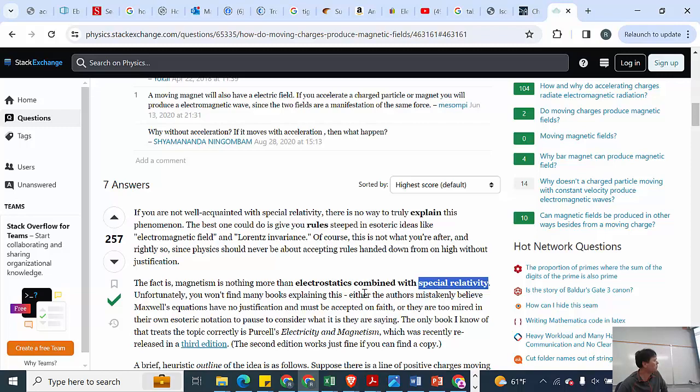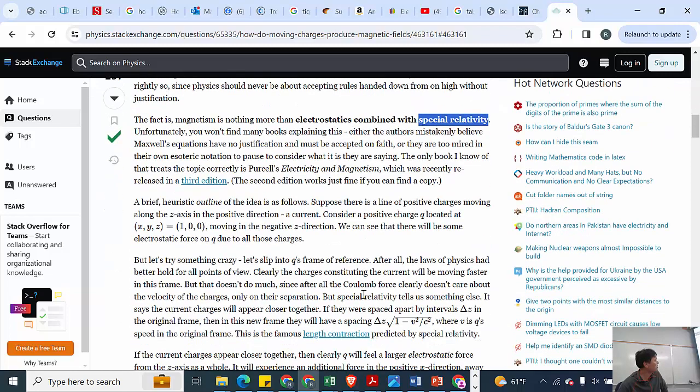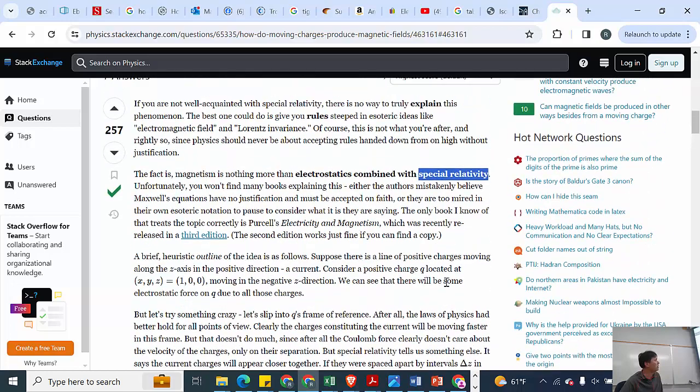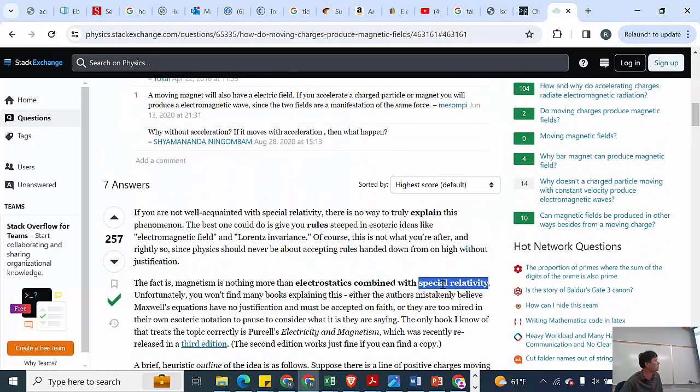But it turns out this answer has some problems, apparently. There are people digging deeper into this type of stuff, and that's a good question, but for a lot of us, we just took it to the level where, well, that's what's observed. It depends on how deep you want to go.